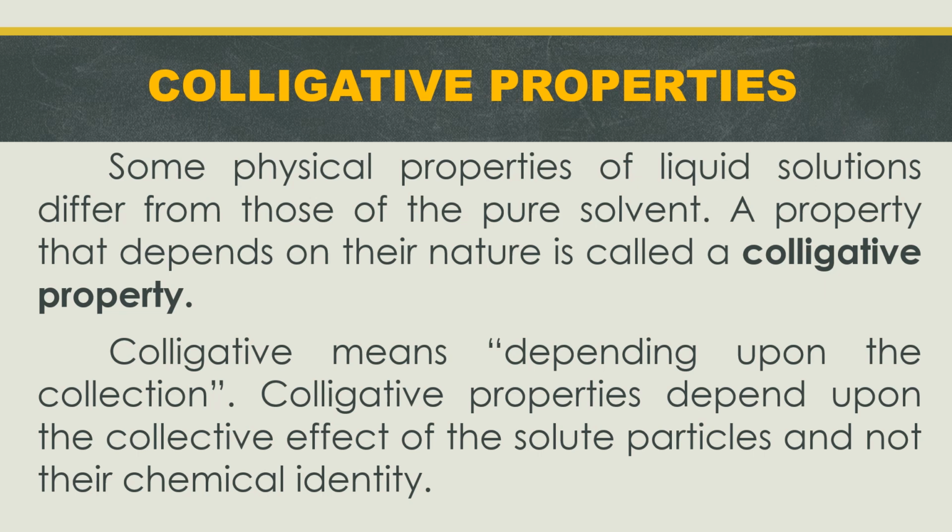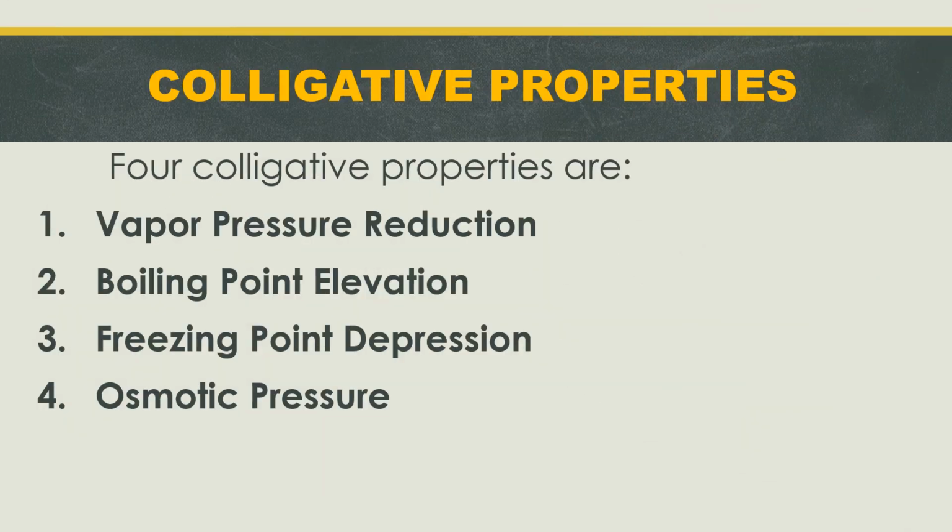So itong mga properties na pag-aaralan natin later, they depend on the collection or the concentration of the solute and not their chemical identity. And these four colligative properties are vapor pressure reduction, boiling point elevation, freezing point depression, and osmotic pressure.